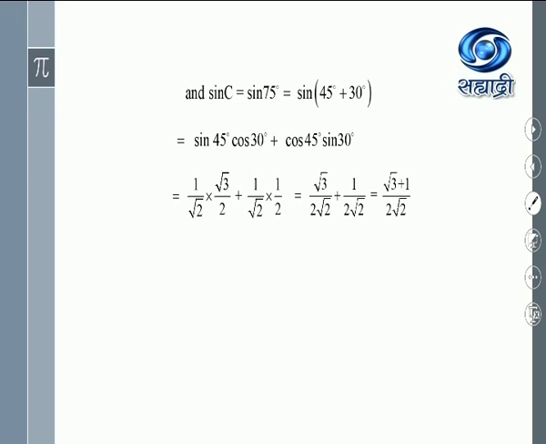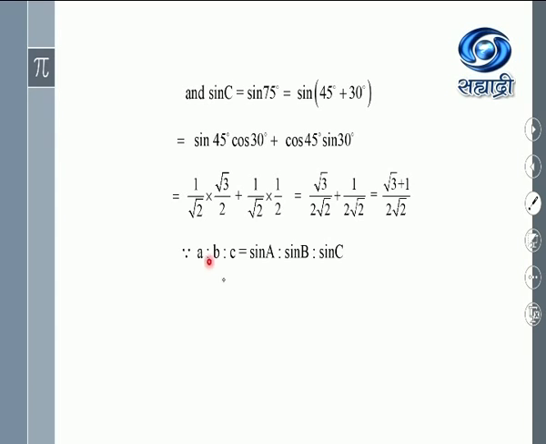Clear? So the base is same, or LCM we got as 2 root 2. Therefore we add the numerators. Therefore this is root 3 plus 1 upon 2 root 2. Clear? So this is the value of what? This is the value of sin 75 degrees.